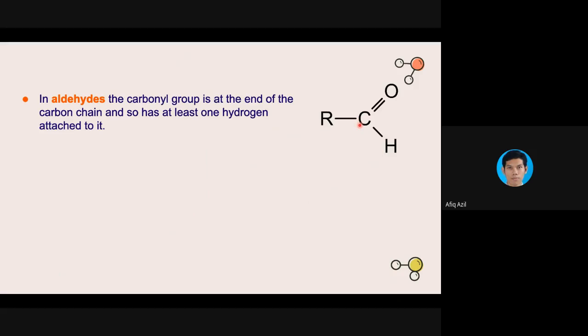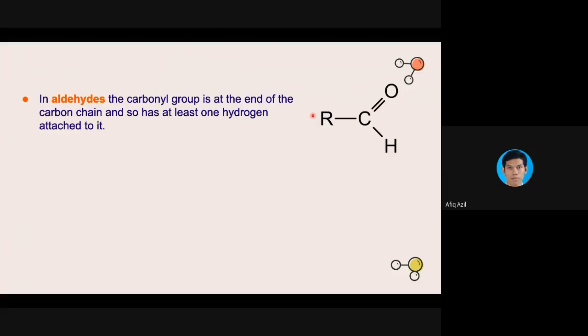The term terminal carbon tells you that the position of the carbon is at the end of the chain. The other side must be an R group. It can be alkyl or aryl, aromatic or aliphatic, it doesn't matter, as long as there is another carbon attached here. It can be CH3, for example, the simplest one, or it can be any other number of carbons as well.